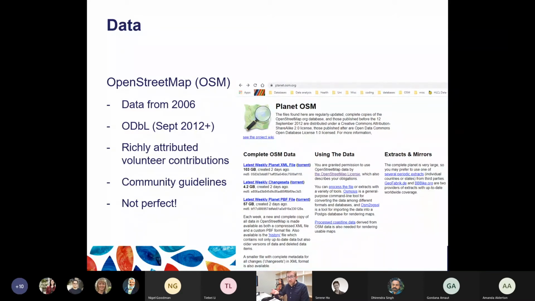These guidelines do have some variation across time and across different countries and communities, and certain individuals more or less adhere to those guidelines, but there's a general standard that makes the data quite attractive when you're trying to do this kind of broad global analysis.